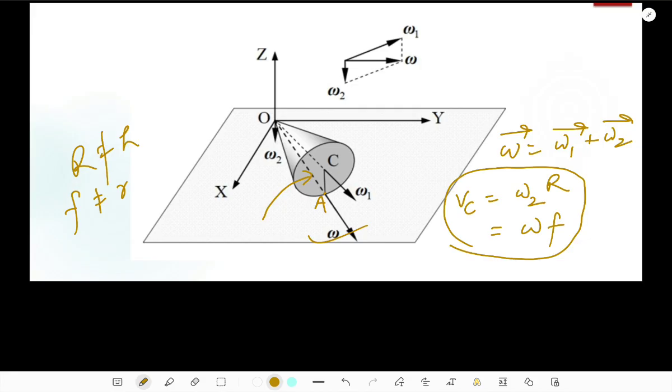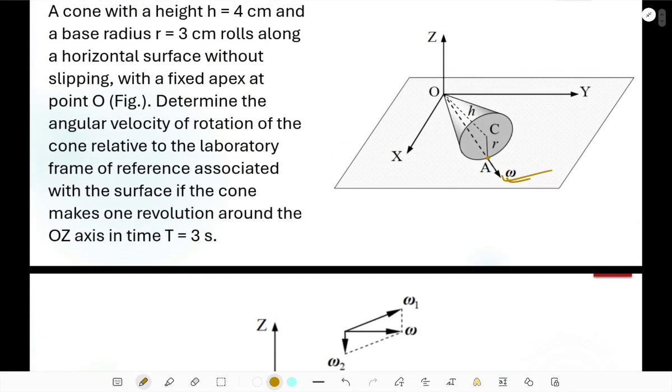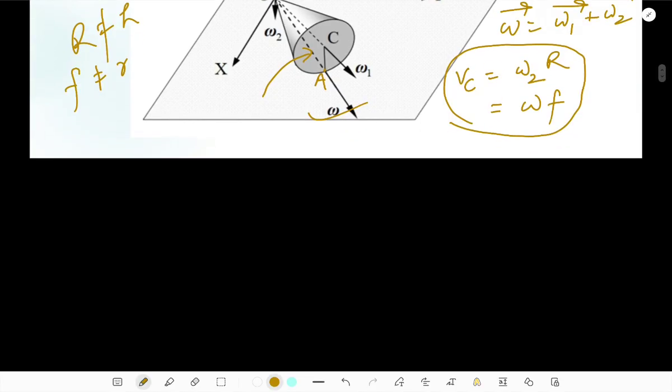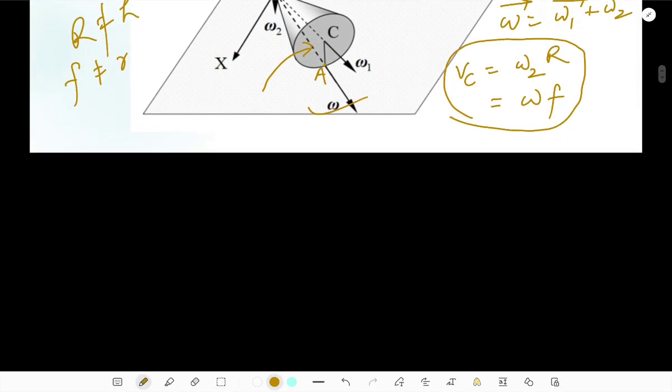And omega 2 was given in the problem: the cone makes one revolution around the OZ axis in time t equals 3 seconds. So omega 2 was given, and it is nothing but 2 pi by t, the time period. But we need to find omega.